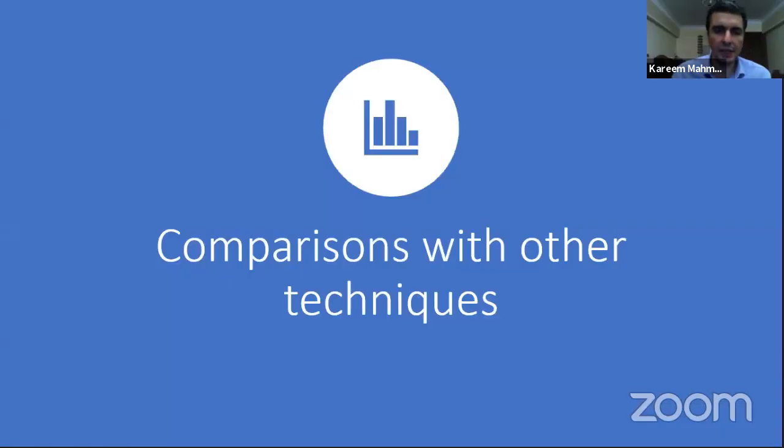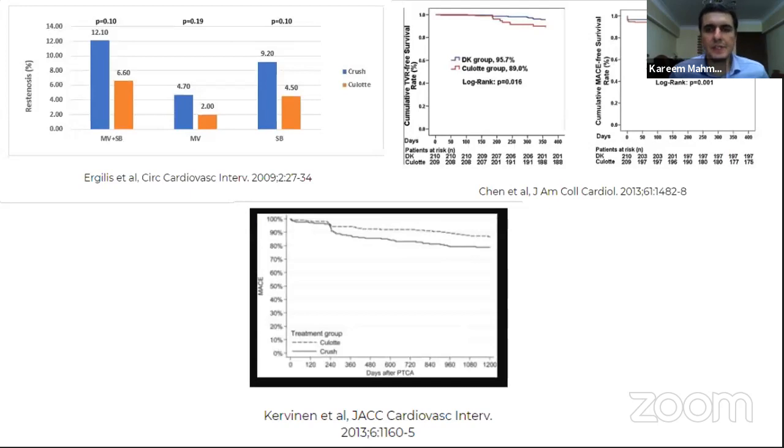And here is the last part of this introduction to the Culotte technique, which is a comparison with other techniques. There are multiple trials that compare Culotte to the crush technique in general and the DK crush technique in specific.